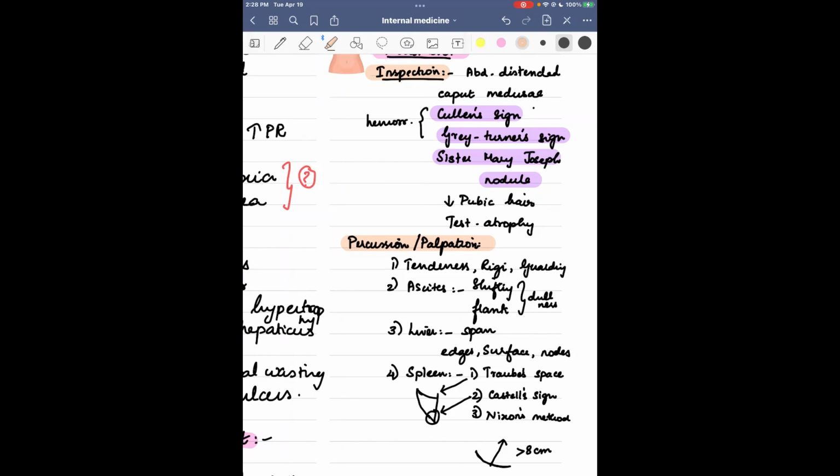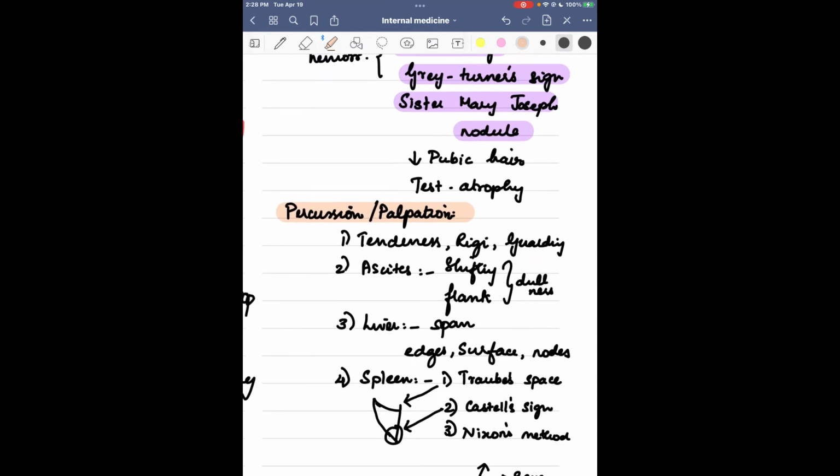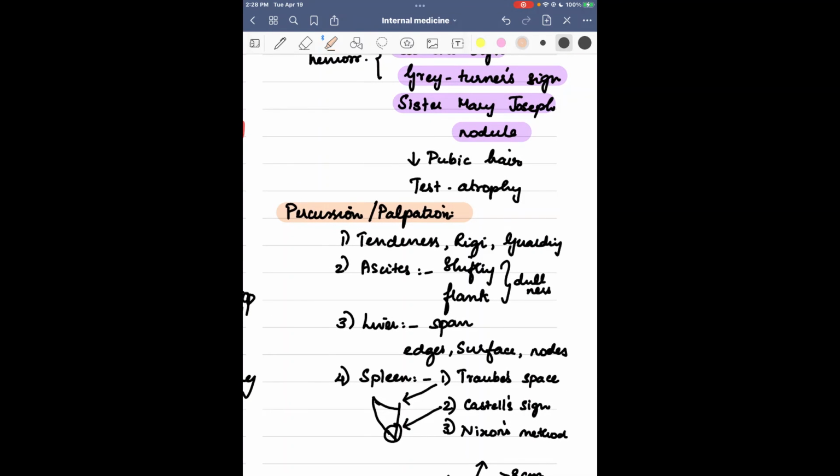That means that the patient is in severe pain, so we need to be careful about how we proceed with the examination. And then we check the ascites. Because of the fluid collection, there will be shifting dullness and flank dullness. And then we check the liver, we check the span first, and we also see how the edges are and how the surface is, and if there are any nodules present.